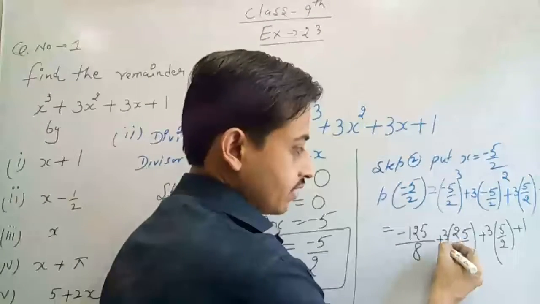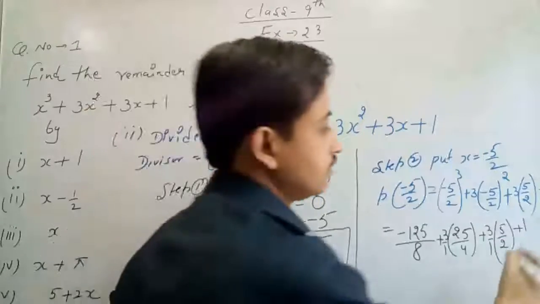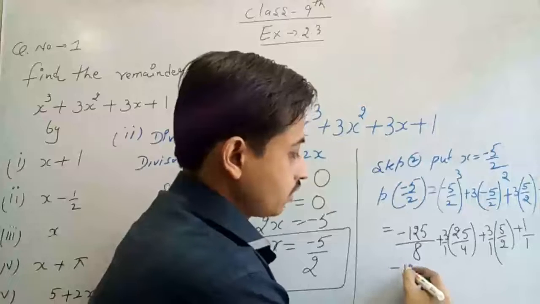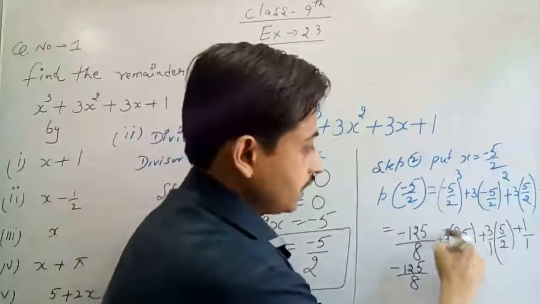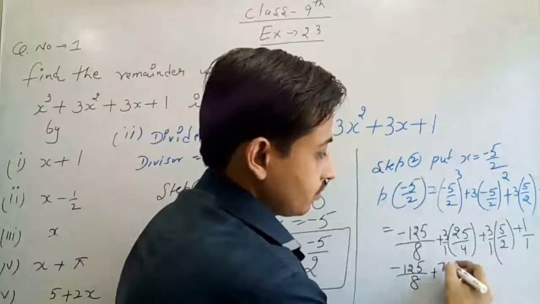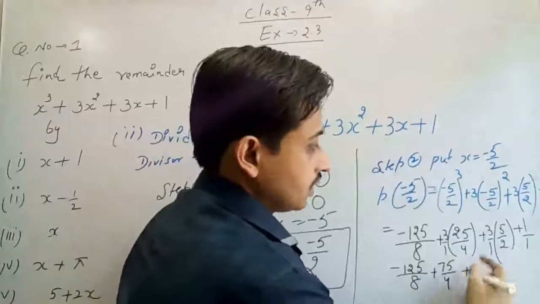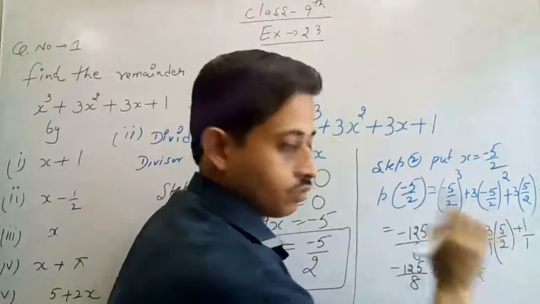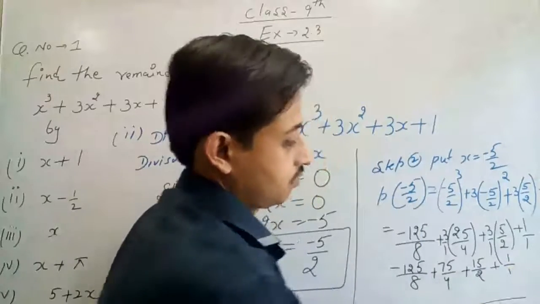So I am writing divided by 1. In this way, I write this as 1, and this also as 1. Now solve. Minus 125 divided by 8. 3 into 25, we get 75, over 4, plus 3 into 5, 15, over 2, plus 1 upon 1.